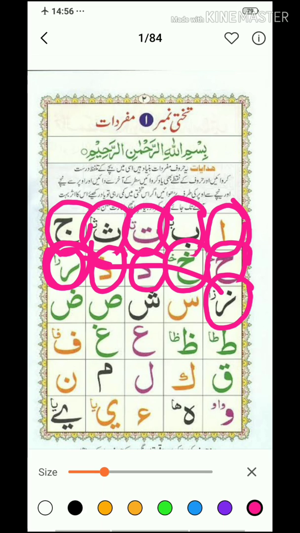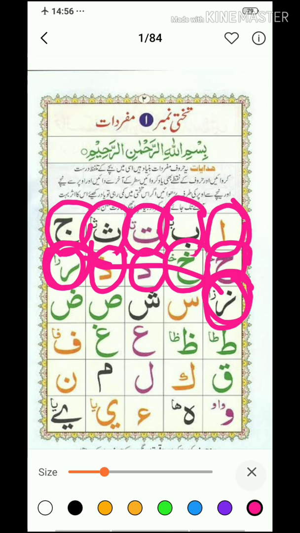But when you see a dot right here, you should pronounce it Za. Without dot you pronounce it Ra, and with dot you pronounce it Za.